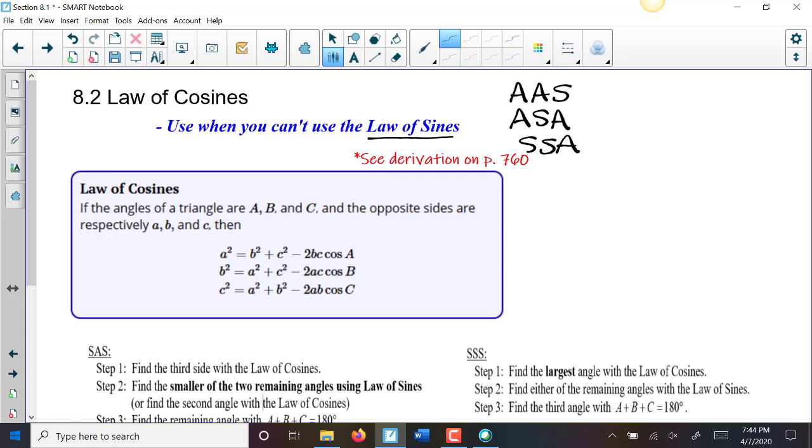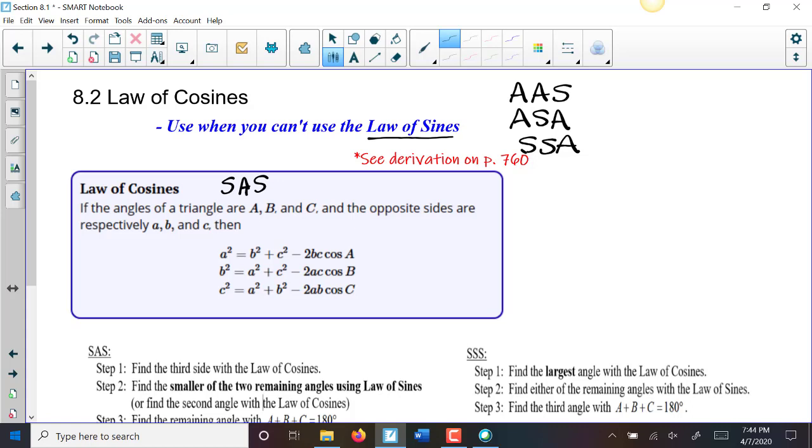The one, if we spell it backwards, we get in trouble. Okay, so in all of these, notice we have an angle, or we might have two.